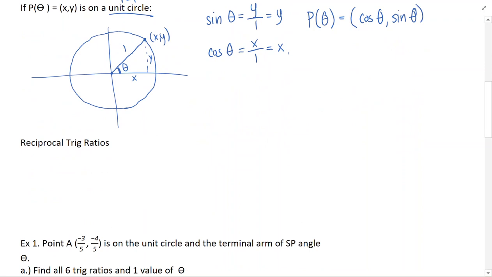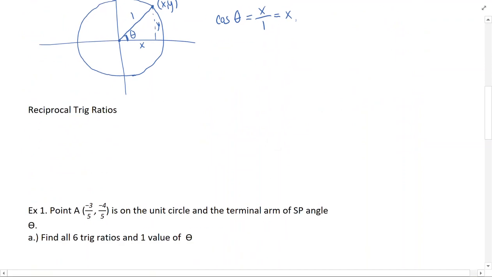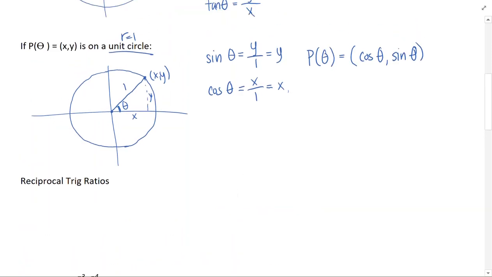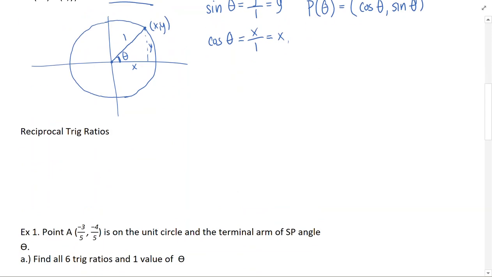Something else to add is reciprocal trig ratios. Sometimes when we flip those trig ratios upside down through a reciprocal, they actually come with new names. The first one is called cosecant, short form written as csc. Do not be fooled. This is actually the reciprocal of sine theta, not cosine.